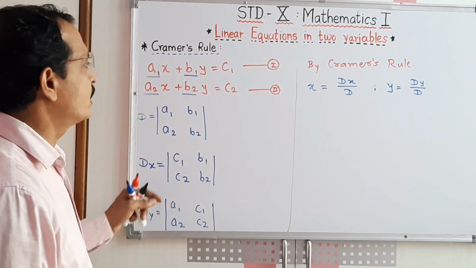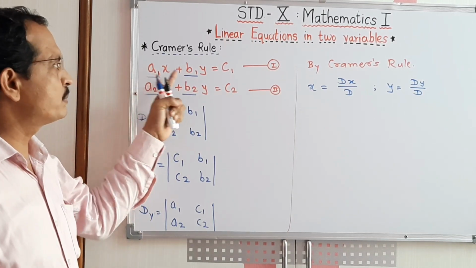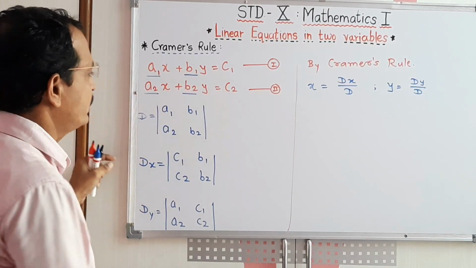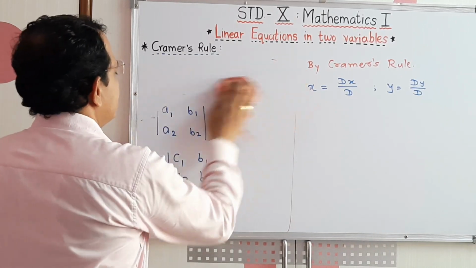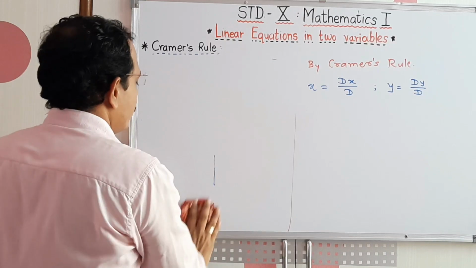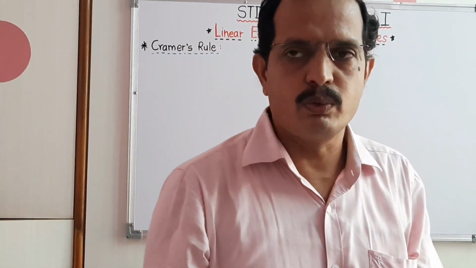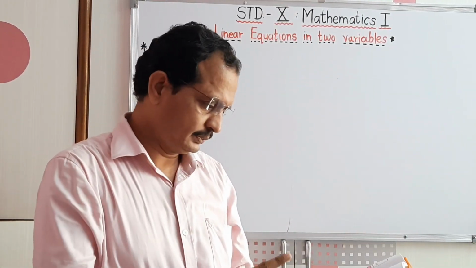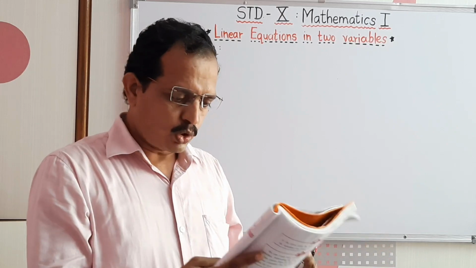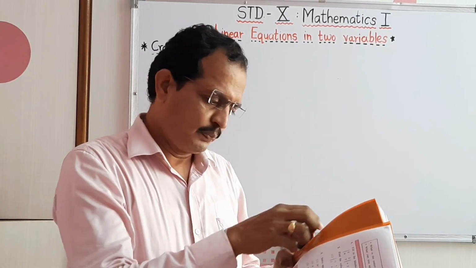Now remember, first of all we have to write the given equation in a1x plus b1y is equal to c1 form. Now start with practice set 1.3. Question number 3 is given, and in that we have to solve the following simultaneous equations using Cramer's rule.